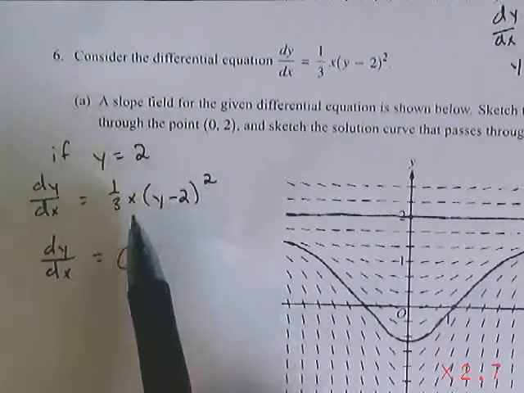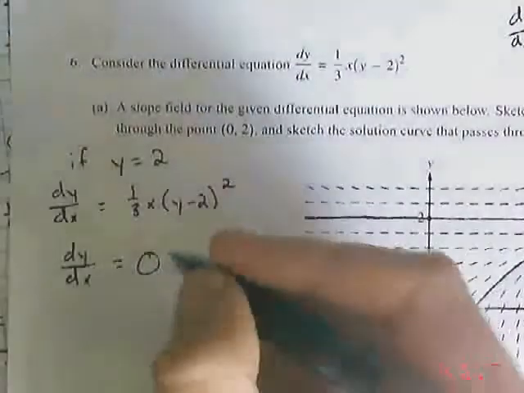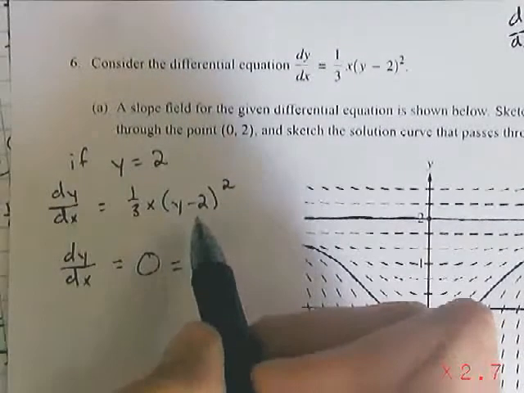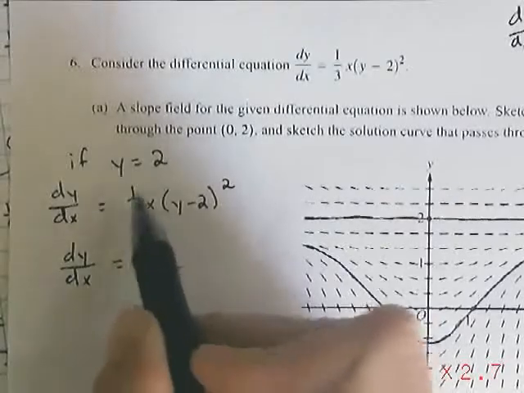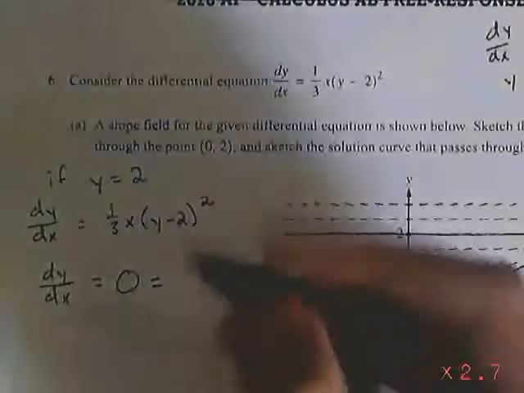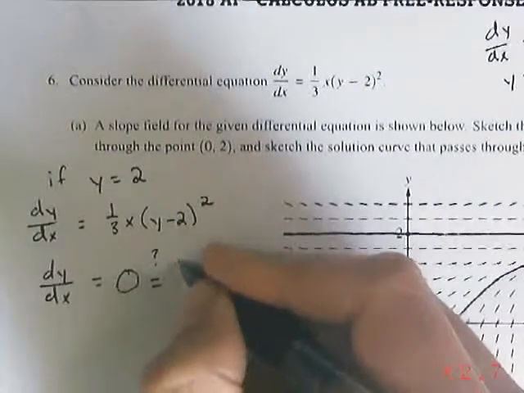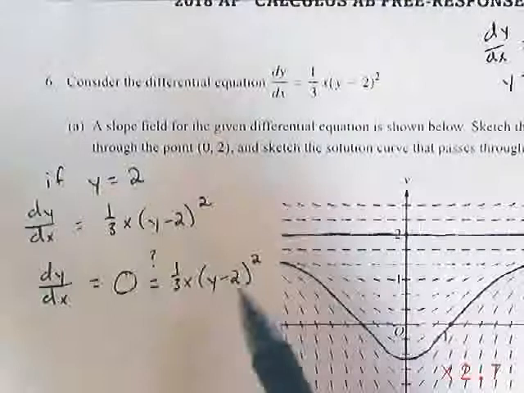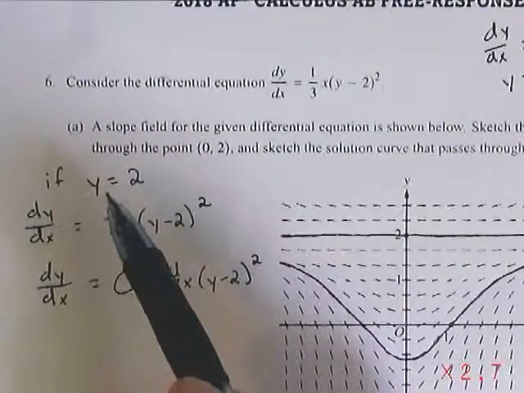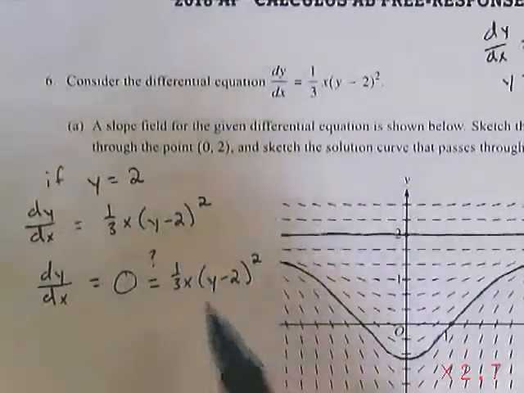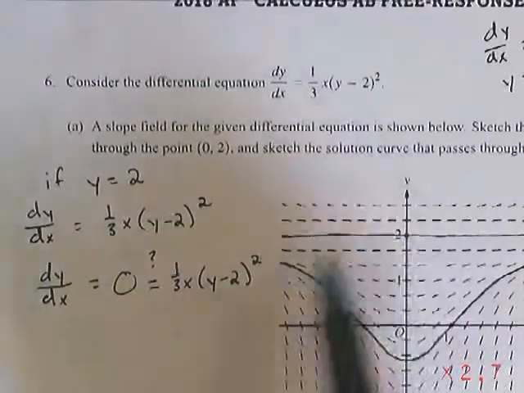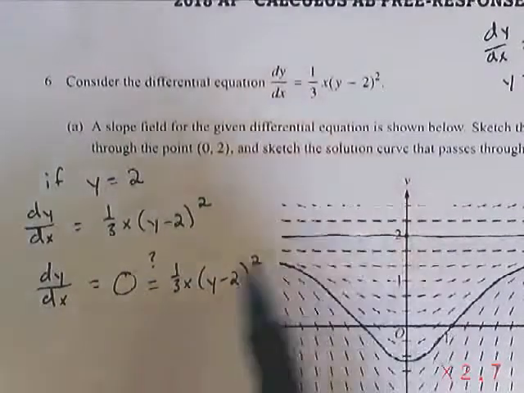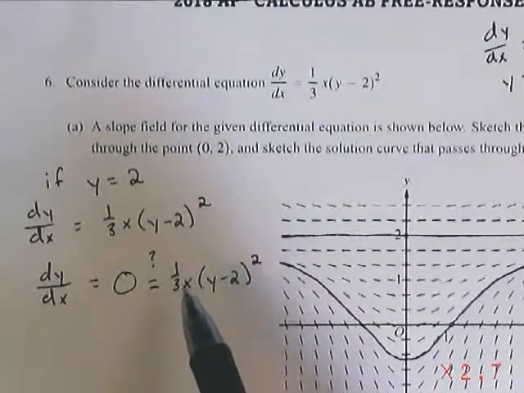Well, let's take a little bit of a closer look here. Is it true for this particular solution that this will always be 0? Because if it is, then that satisfies this differential. So the question is, is this equal to 1/3 x times (y minus 2) squared? Well, for this solution, yeah, because no matter what x value we have on this horizontal line, whether it's -3 or 17 or 18/3, you can plug whatever you want in for x.